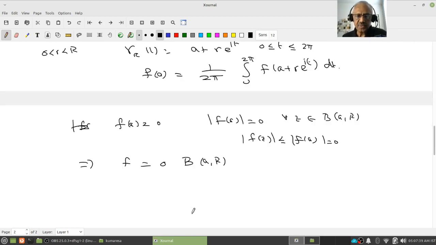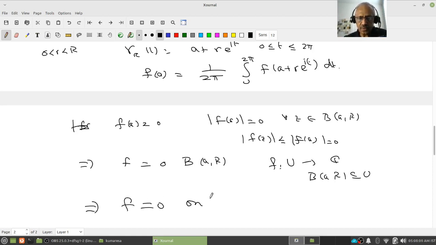This implies f is 0 on B(a, R), right? Now notice that f is holomorphic and B(a, R) is a non-empty open subset of U on which this function is identically 0. Therefore, by the identity theorem, f is 0 on U because U is open and connected.